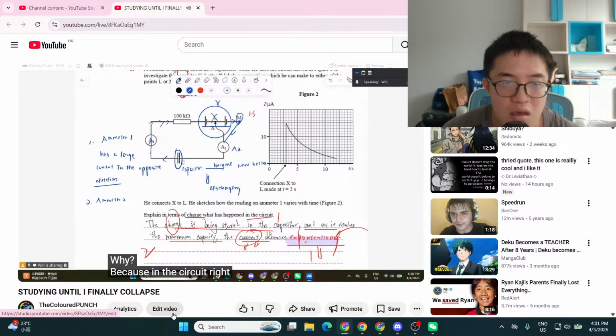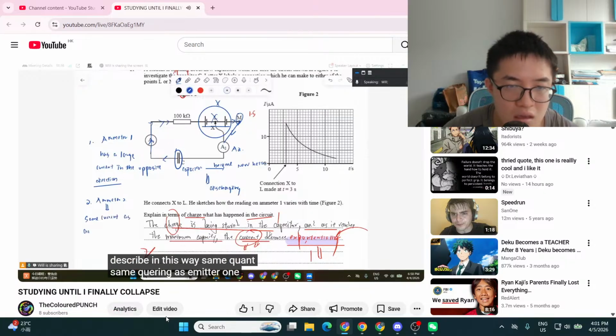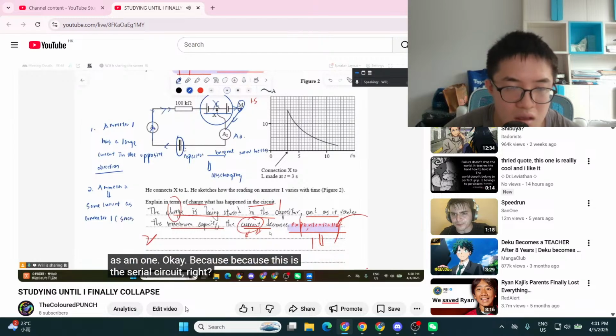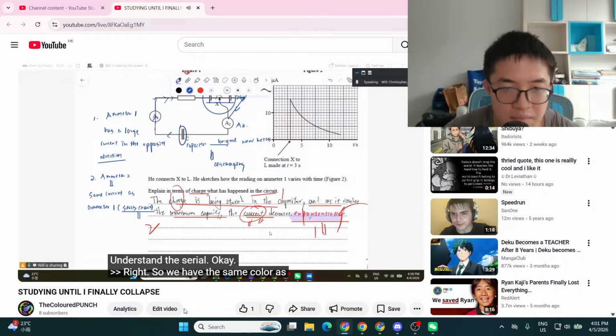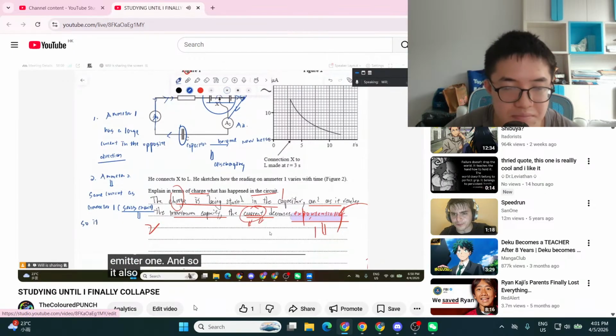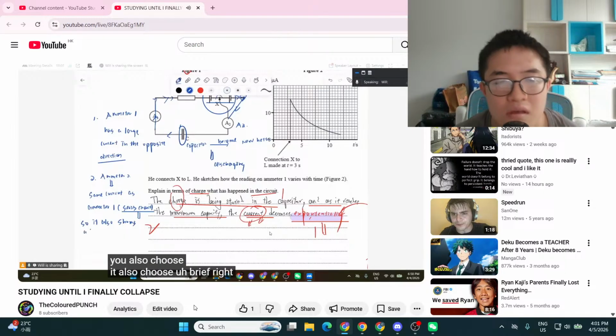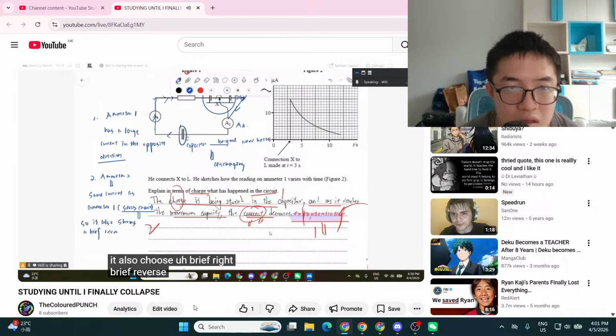Because in the circuit, the emitter two is the same, so we can describe it in this way. Same current as emitter one, because this is a series circuit, right? So we have the same current as emitter one, and so it also shows a brief reverse current. Okay, understand that?